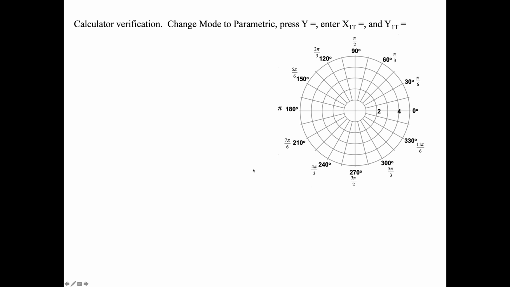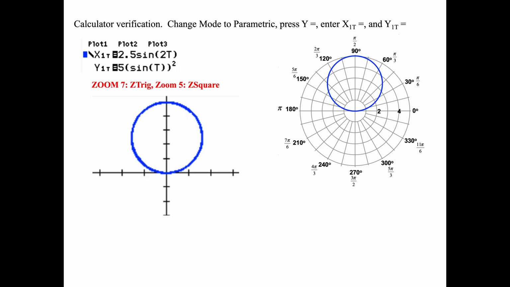All right, calculator verification: change your mode to parametric, with x sub 1 and y sub 1 in terms of t. If I plug this in, you can see where they're touching.